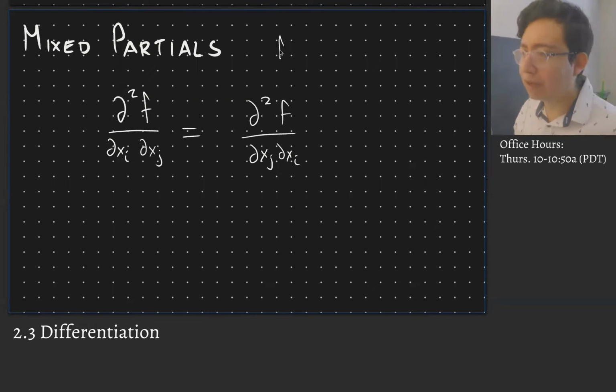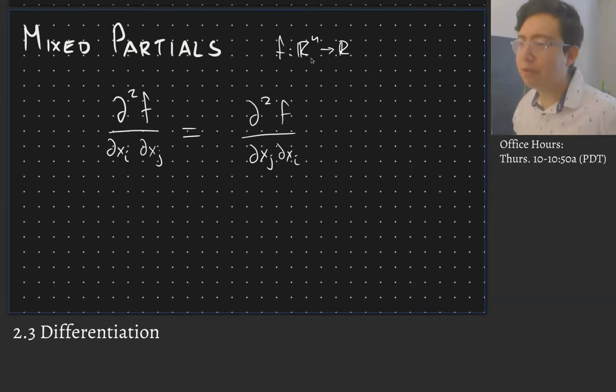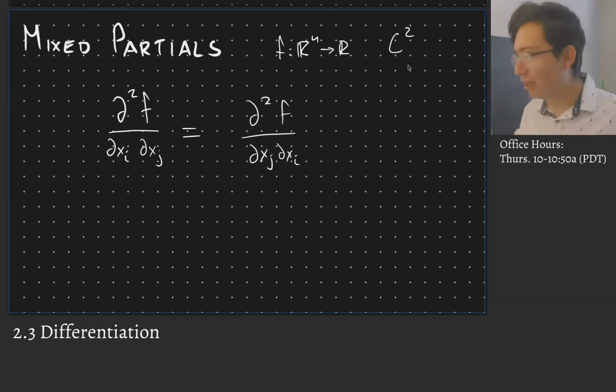So f here is a function from Rn to R, so it's a scalar valued function in several variables, and it's C2, so it's twice continuously differentiable. And so we get this equality.